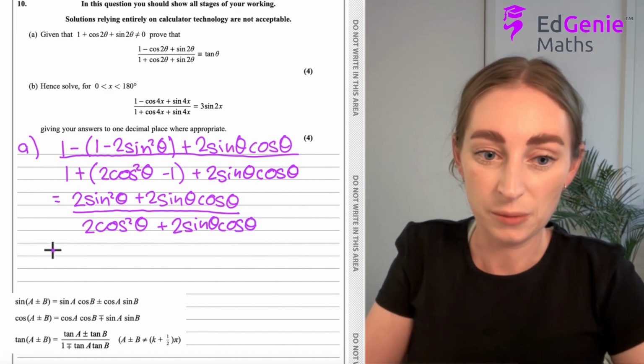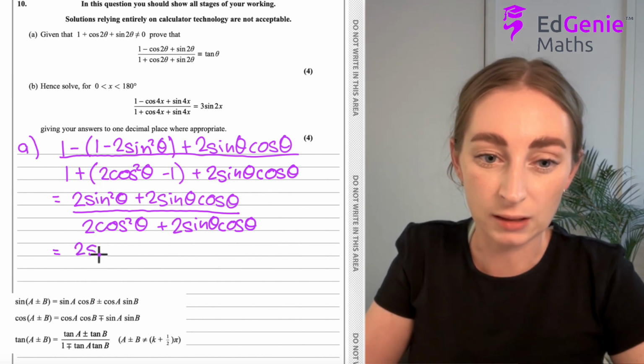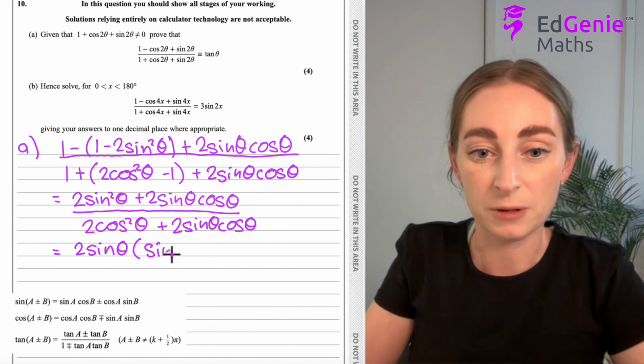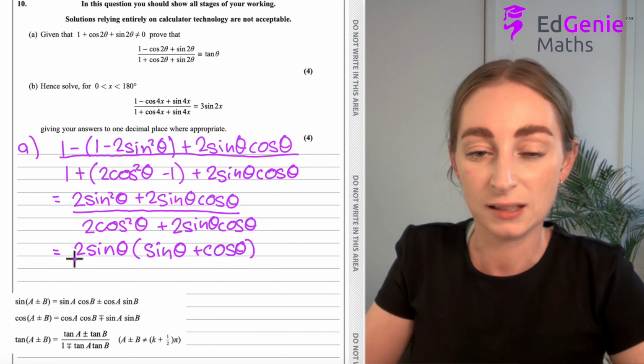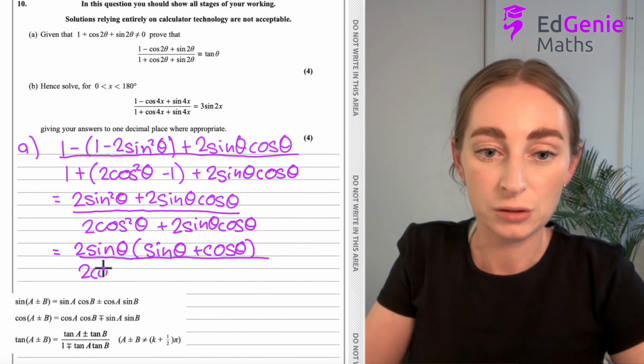Now we can do a bit of factorising. So we have 2 sine on the numerator, and in our bracket, we can have sine theta plus cos theta. And on the denominator, 2 cos theta. This is looking good.